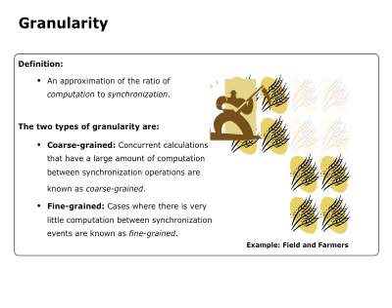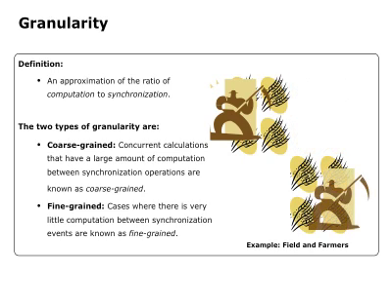Granularity is an approximation of the ratio of computation to synchronization. So imagine that you have 100 instructions to execute. When you rewrite this program in parallel, you want to take some portion of the code and let them execute and finish with multiple servers, multiple threads.